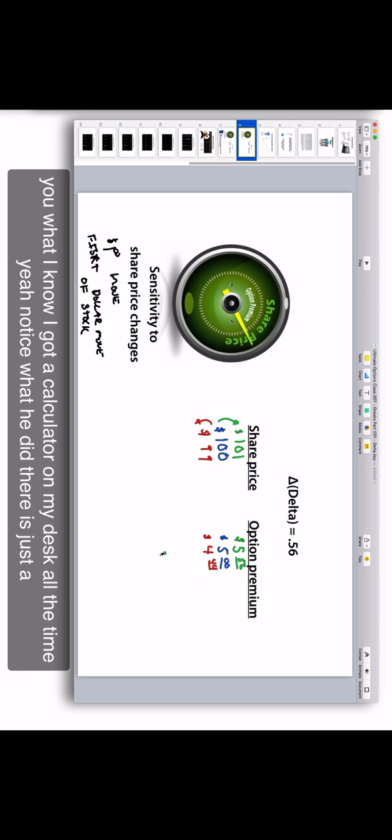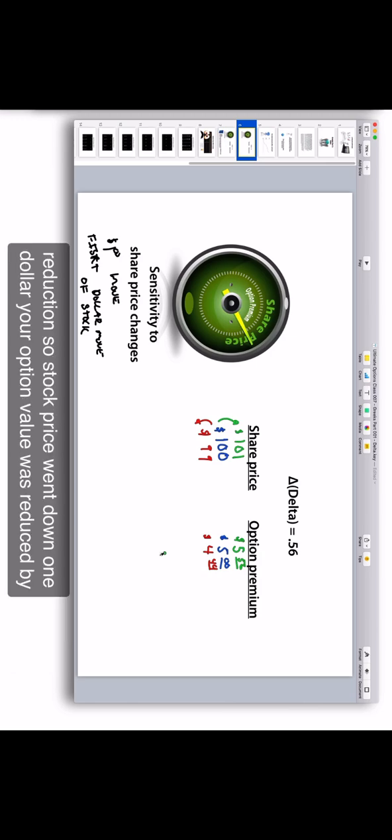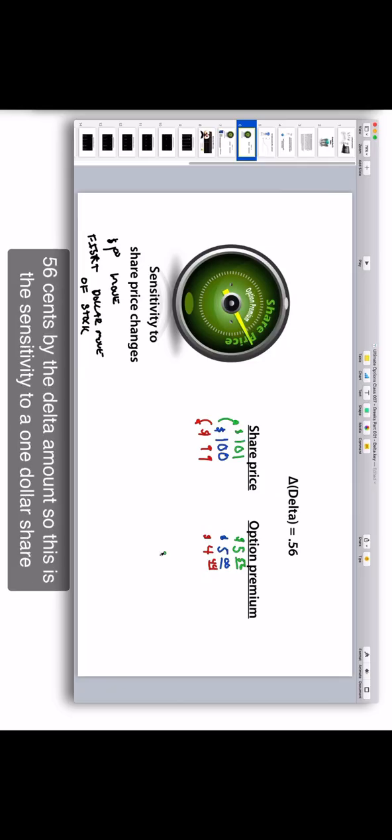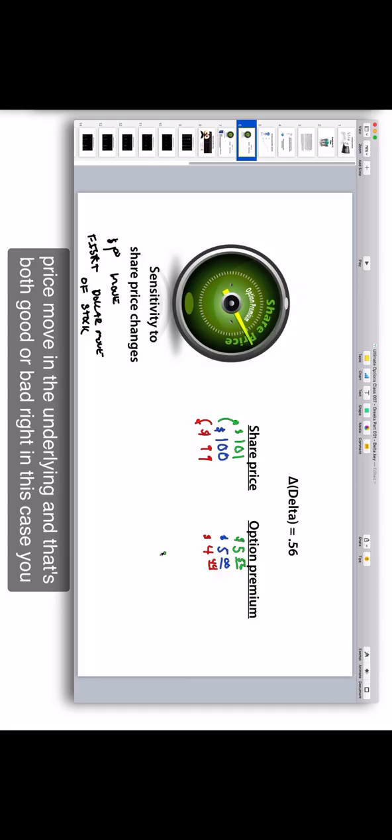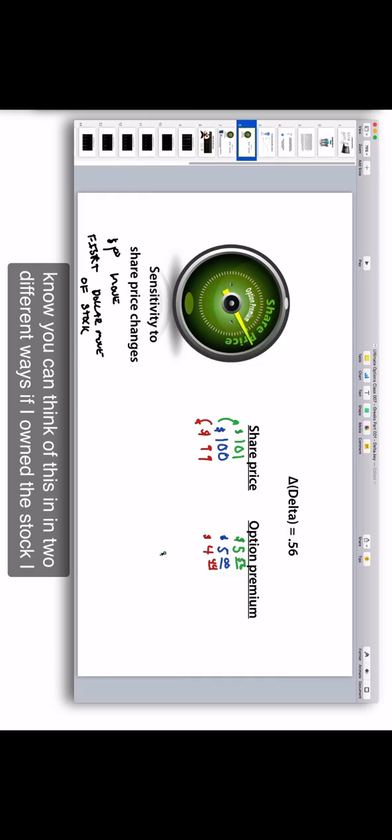Yeah, notice what he did there is just a reduction. So stock price went down $1. Your option value was reduced by 56 cents by the delta amount. So this is the sensitivity to a $1 share price move in the underlying. And that's both good or bad, right? In this case, you can think of this in two different ways.